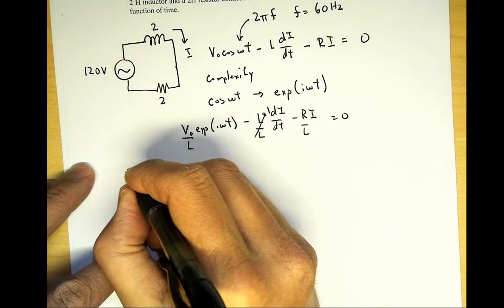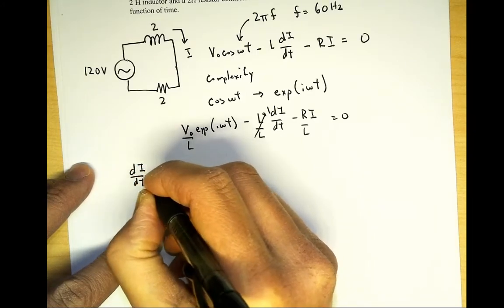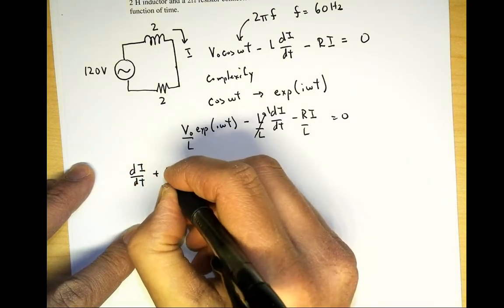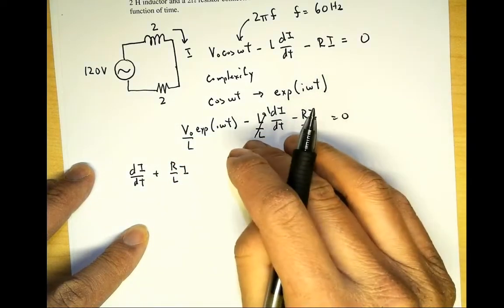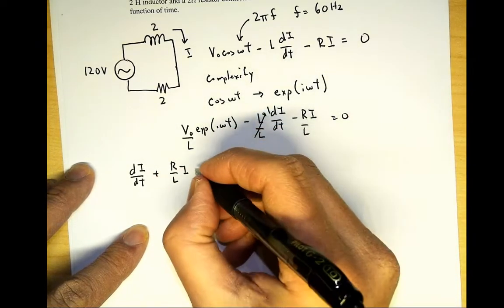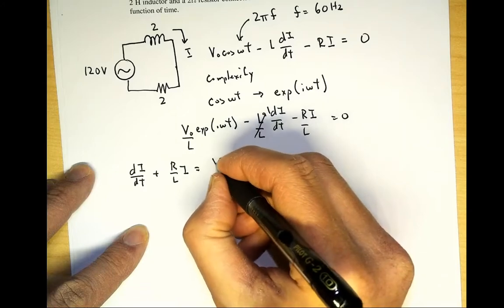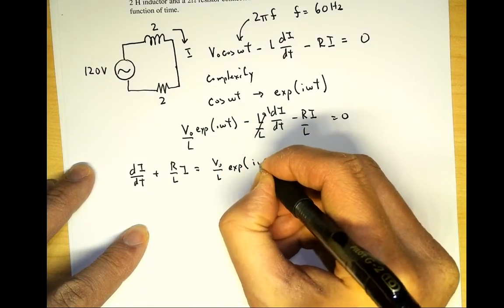I will write it like this: di dt plus R over L times I. I'll make these all positive, move it over to the side, and flip the sign. That's going to be equal to V0 over L e to the I omega t.